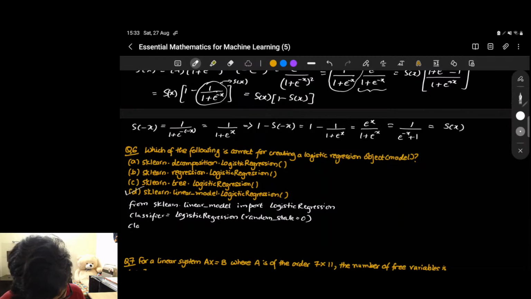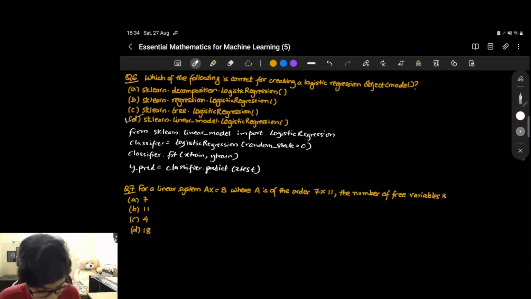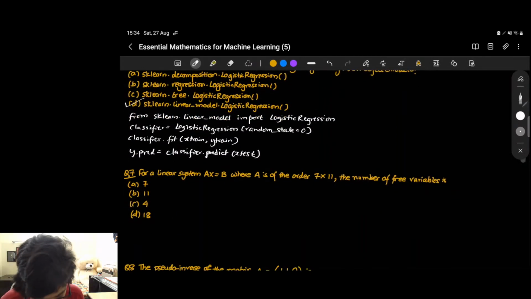And then we will fit the data. And then we will predict the outcomes based on the fitting. So simple code that you would be using.